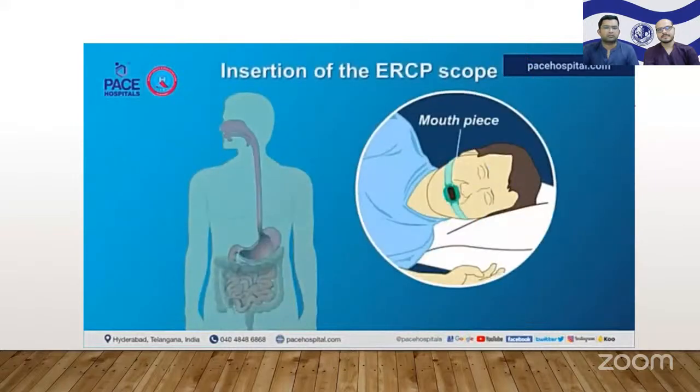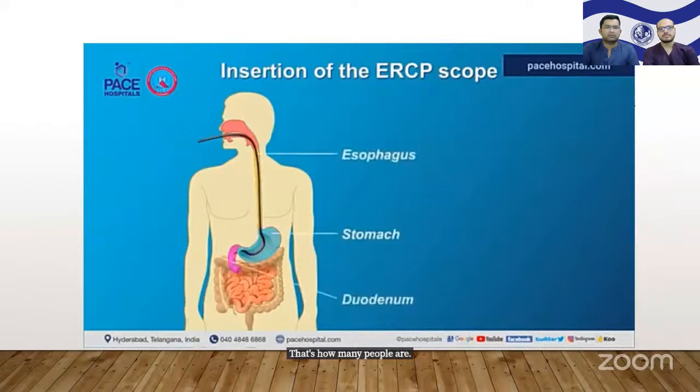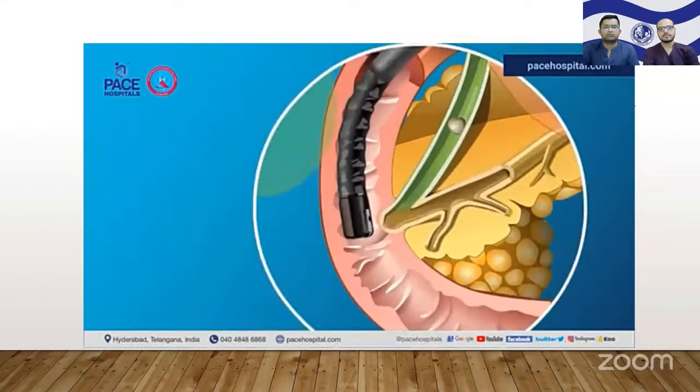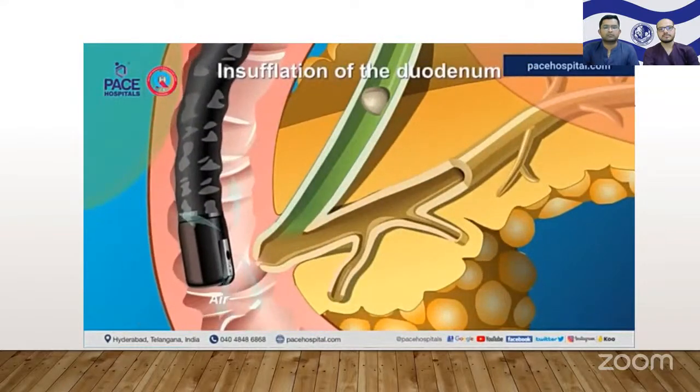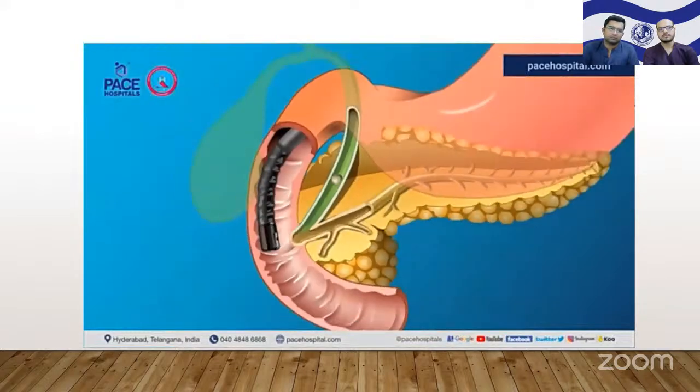Of the case, a mouth tube used to protect be inserted into the mouth. Pass through the of papilla to gain an access to the bile.